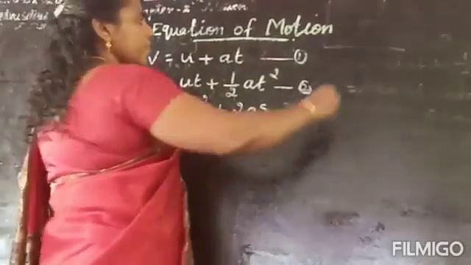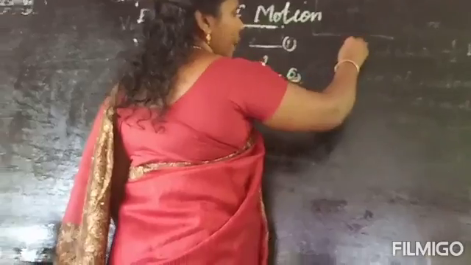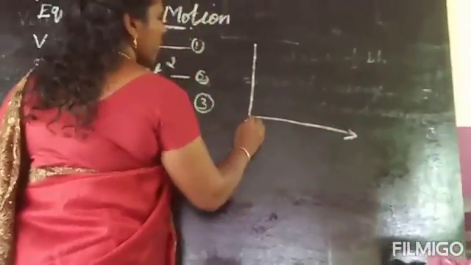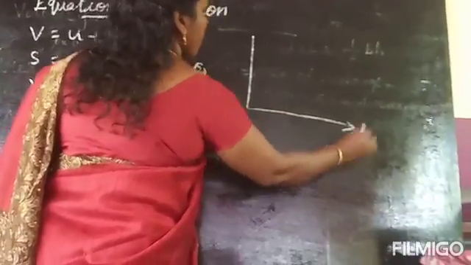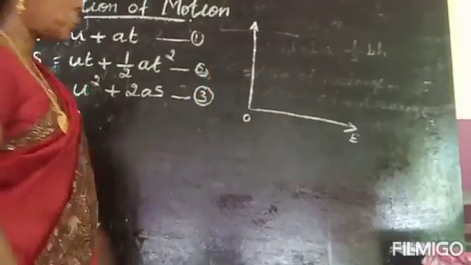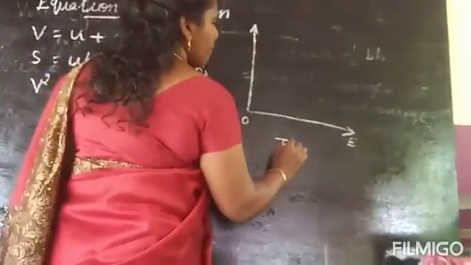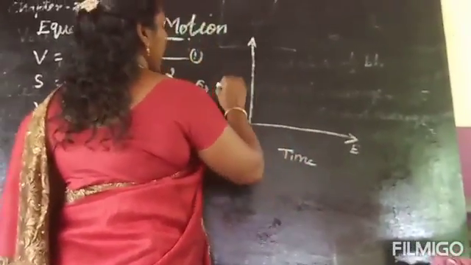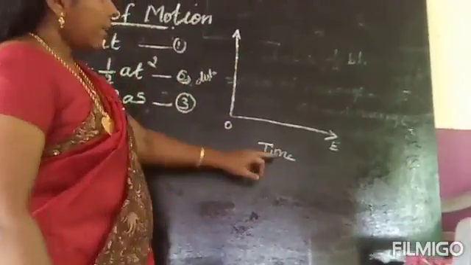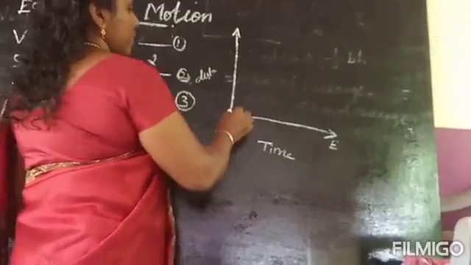For that, first draw a diagram, a graph with x-axis and y-axis. This is O. First we have to draw two axes. Time is along the x-axis.